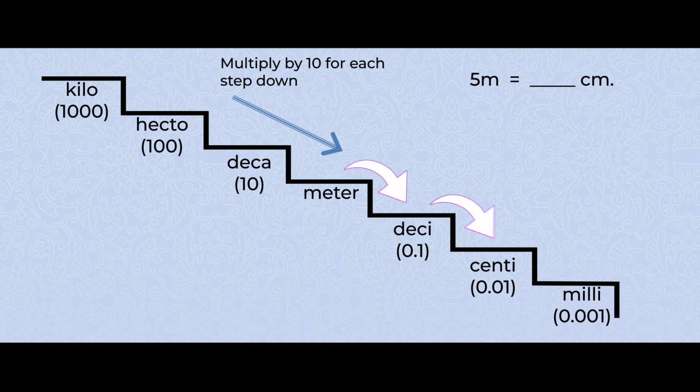From deci to centi, 2. That means you need to go down 2 steps. So we need to multiply 10 times 10, that is 100, right? So 5 multiplied by 100 will give you 500, which means 5 meter is equal to 500 centimeter.